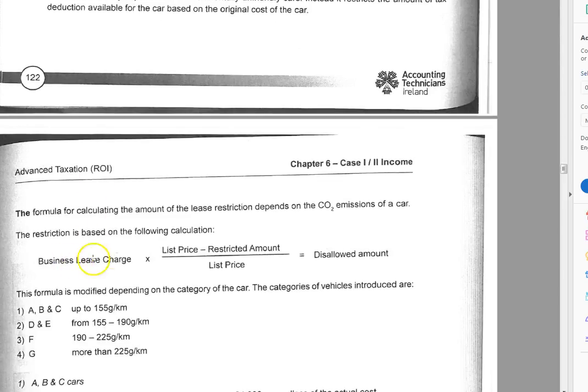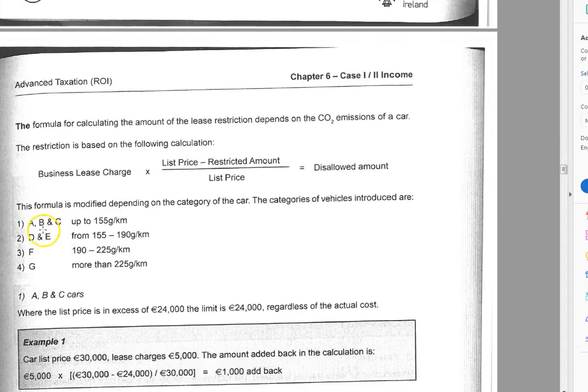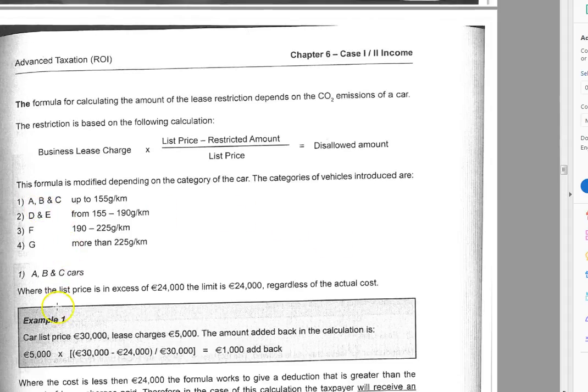Whatever the charges are, you have to multiply them by this formula and add back whatever you get. It depends on the category of the car. If we just look at example 1, lease charges are 5,000, so a portion of those are going to be added back.